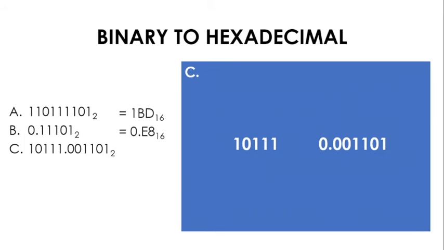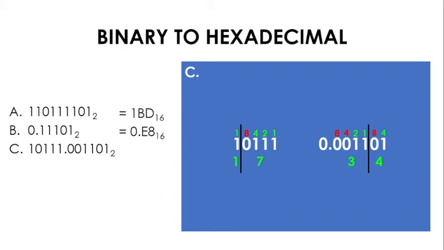Now for the last example, we will just do the same process as what we did on the previous examples. So for the whole number part 10111, we'll be grouping them into 4 bits, starting from the rightmost side to the left and using the 1248 equivalent for each bit with on values. And for the fractional part, we will be grouping them by 4 bits as well, starting from the leftmost side to the right, and we'll be using 8421 as the equivalent of the bits with on values.